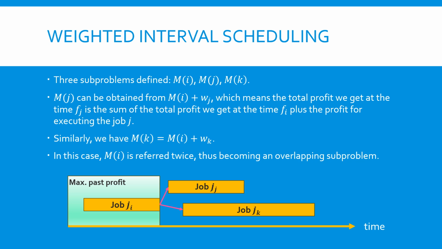In other words, MJ equals MI plus WJ. Similarly, since there is no conflict between jobs JI and JK, we can compute MK as MI plus WK. Therefore, the solution to the subproblem MI is used for computing the solutions for both MJ and MK, making MI an overlapping subproblem.